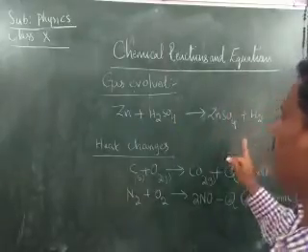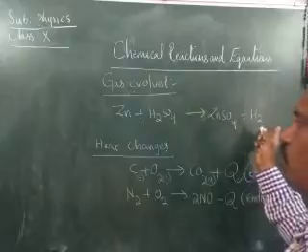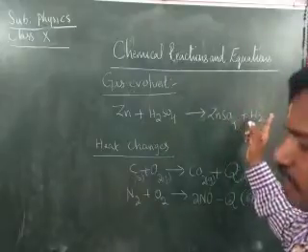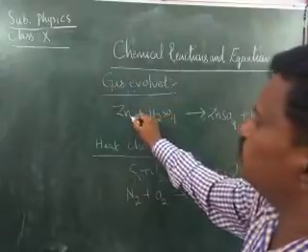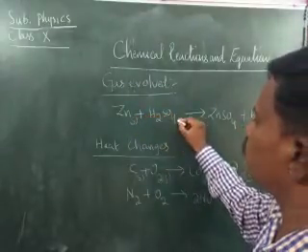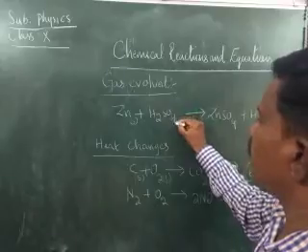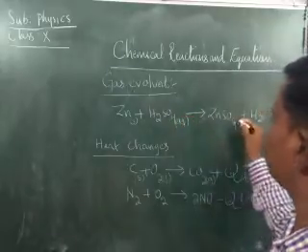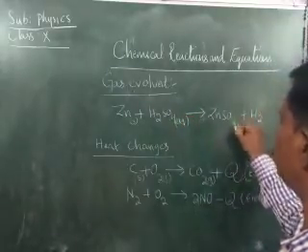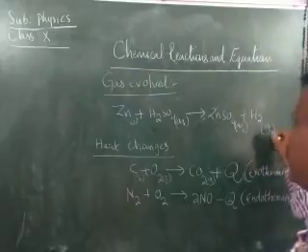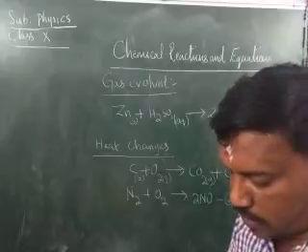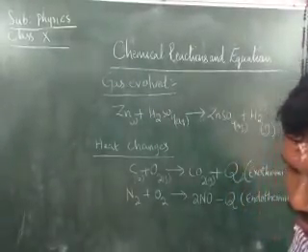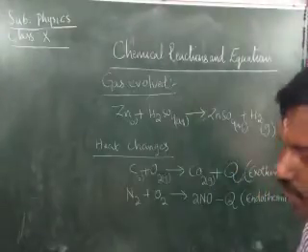During a chemical reaction, if a gas is evolved, we represent the evolution of the gas. Zinc is a solid. H2SO4 is aqueous, and zinc sulfate is also aqueous, mixed with water, and here H2 is the gas. Therefore zinc on reacting with sulfuric acid gives zinc sulfate, and hydrogen gas is evolved.